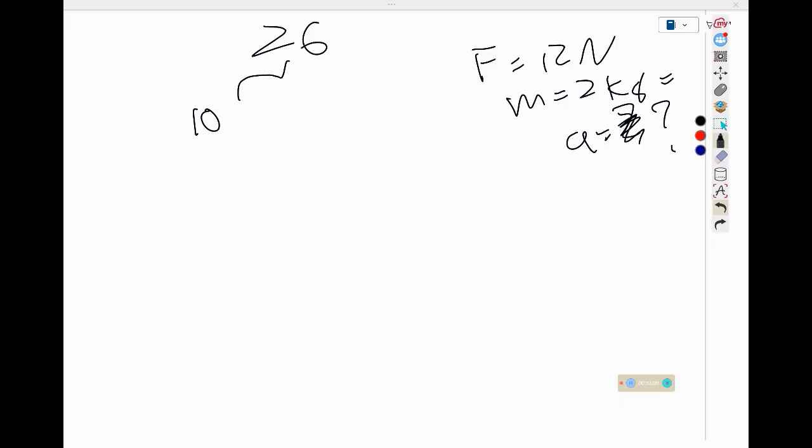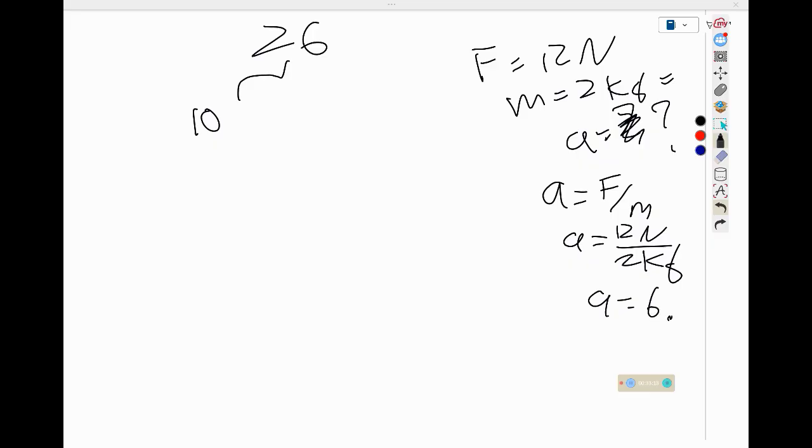You're going to get 2 points for work shown, 1 point for the answer. For a question like that, I do want to see a equals F over m. So acceleration equals 12 newtons over 2 kilograms. So acceleration equals 6, just because we only have 1 sig fig, meters per second squared. That's what I would expect to see.